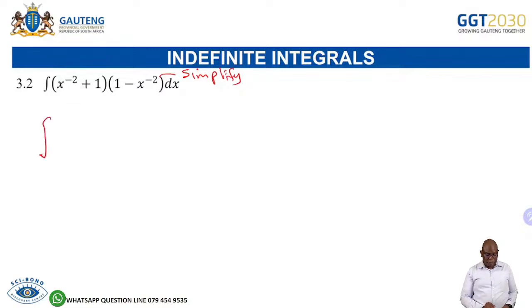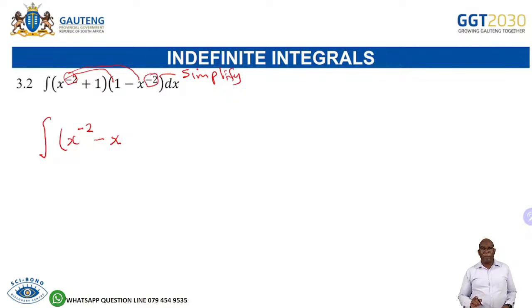Write your integral sign. This multiplied by that will give me x to the power minus 2. Same thing. This one multiplied by that will give me a negative x to the power negative 2 plus negative 2.